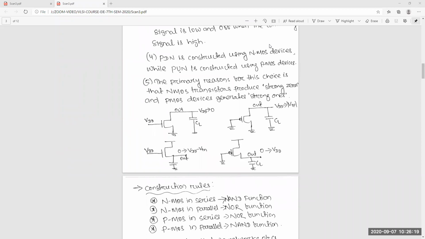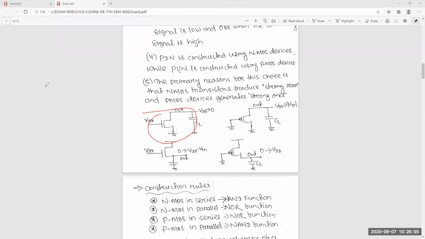Here you can see the examples. Here I have given 4 examples, so you can see these things.